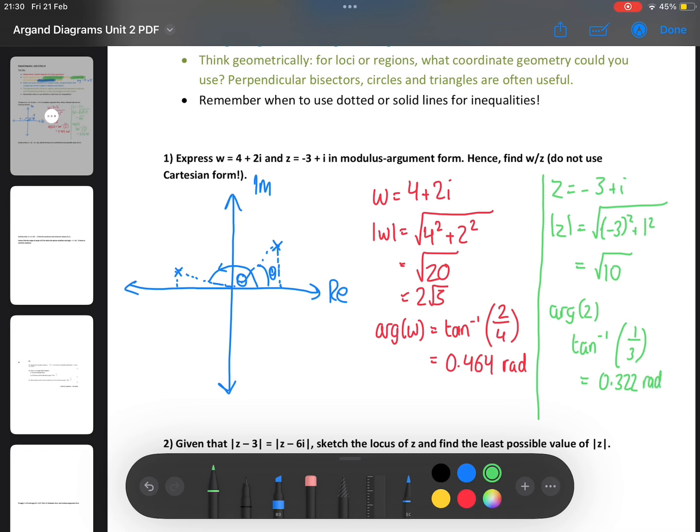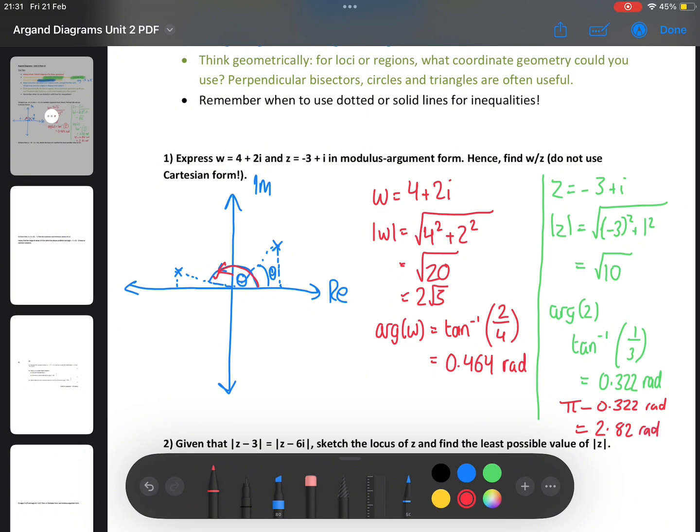But that's not the argument of z, because it's the angle measured anti-clockwise from the positive real axis. So it's this angle here, and therefore what we need to do is pi minus 0.322 radians, which gives us 2.82 radians as our answer for z.